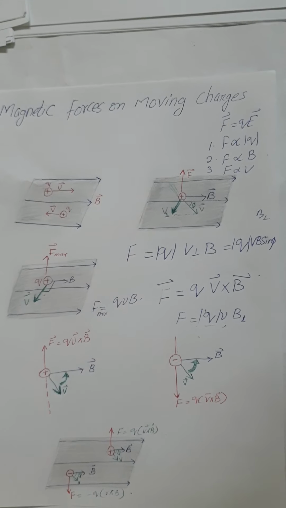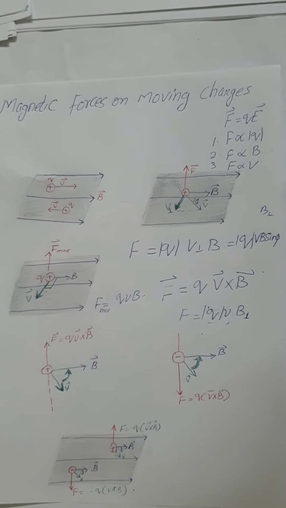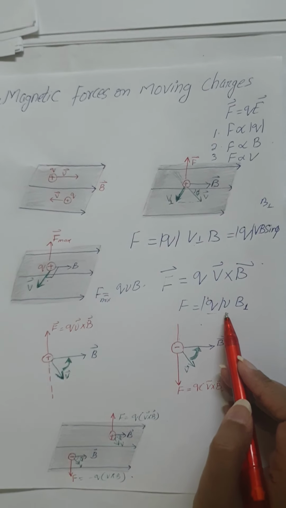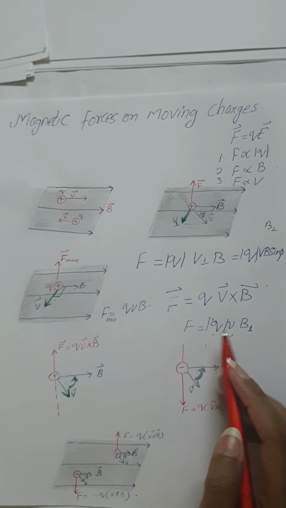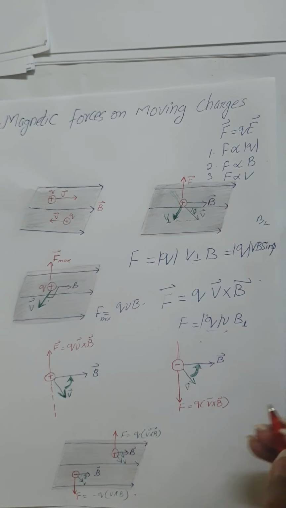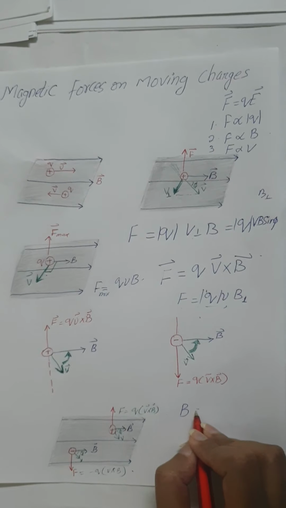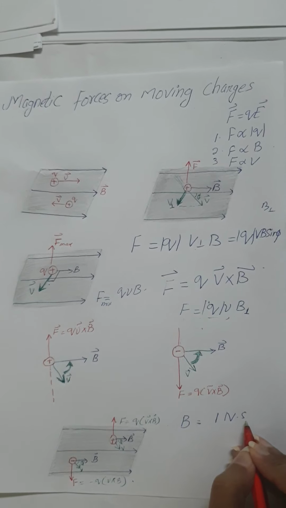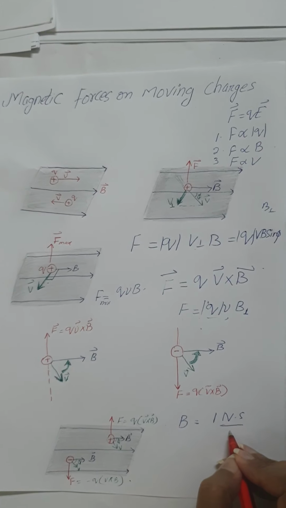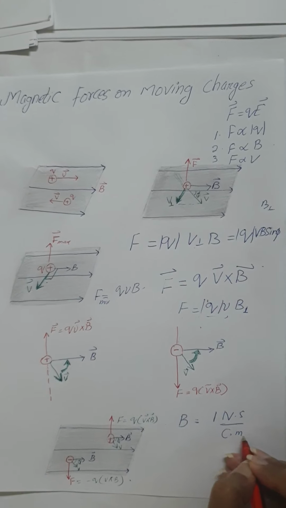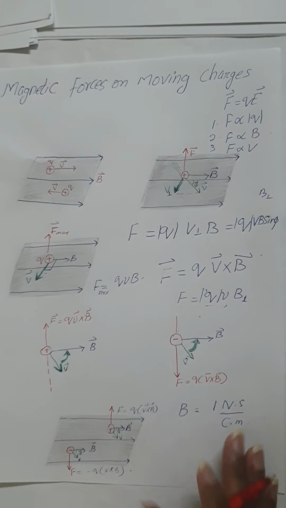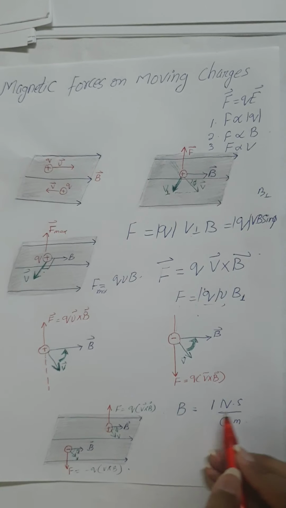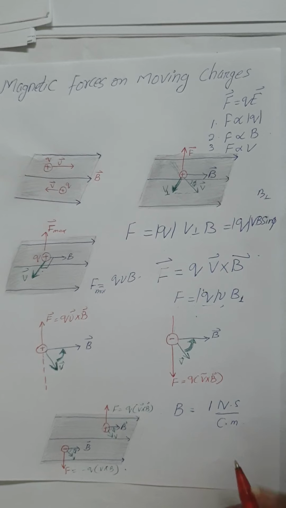Now, the units of magnetic field must be the same as the units of F over qv. So the unit of B is 1 Newton second per Coulomb meter, or it could be 1 Newton per ampere meter.